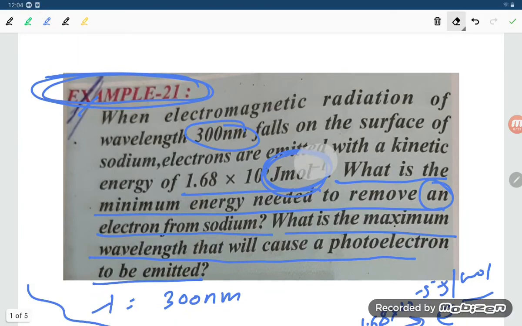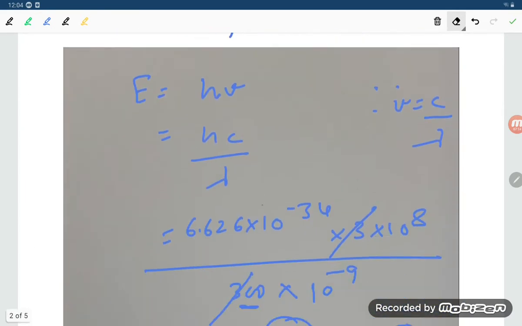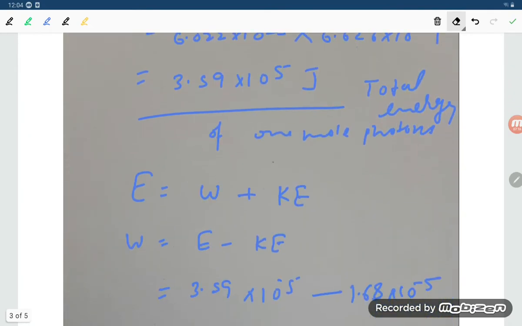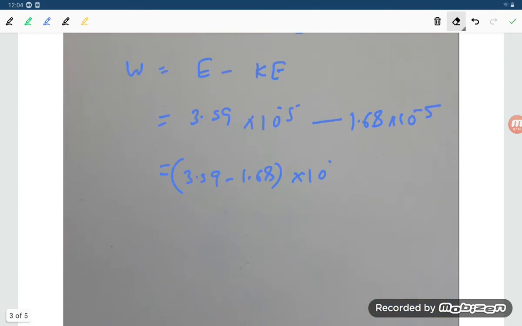It is 10 power 5, not minus 5, sorry. I was wrongly using the minus. So 10 power 5, not minus 5. Subtracting, how much is coming? 2.31 into 10 power 5 joule per mole. Okay, this much we got.